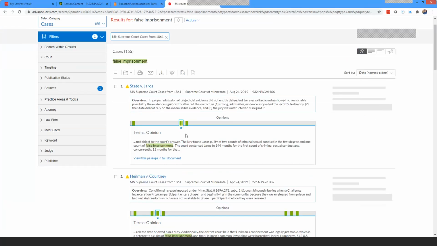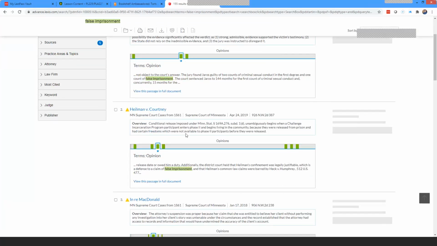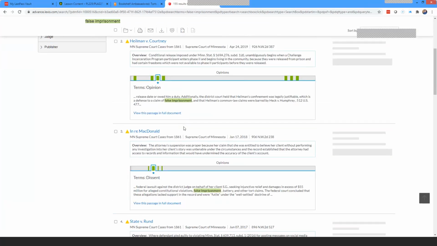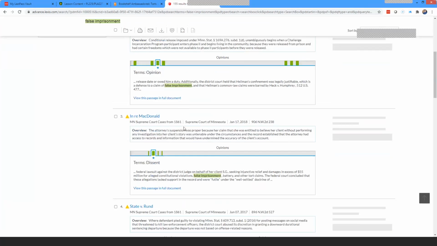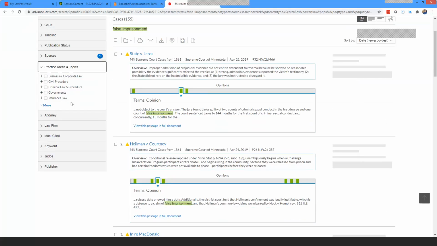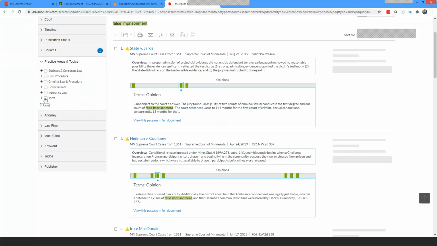See, this didn't work because it ended up with criminal cases, so we don't want them. Okay, I'm going to see if I can narrow it by torts.